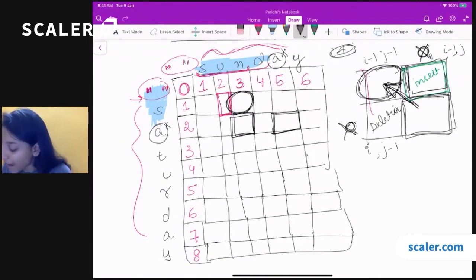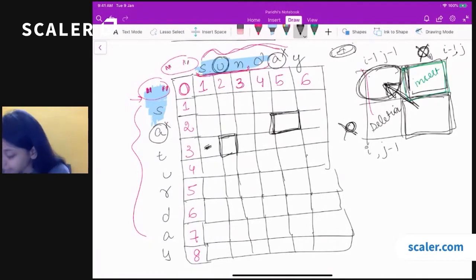Why? Let's say we are at this block and there is not a match. Now this signifies deletion, because we are not considering this character; we are ignoring it.